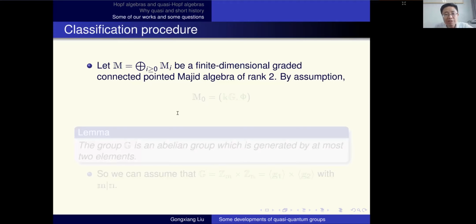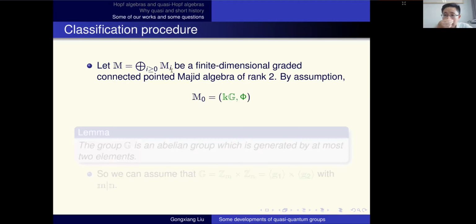I just consider the rank 2 case. Because it is graded, M1 over M0 is a rank 2 free module. This is the meaning of the rank.